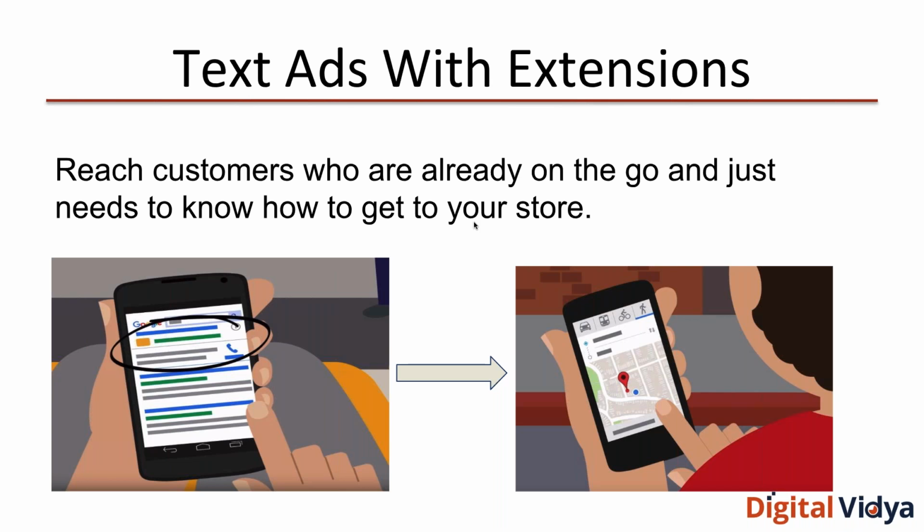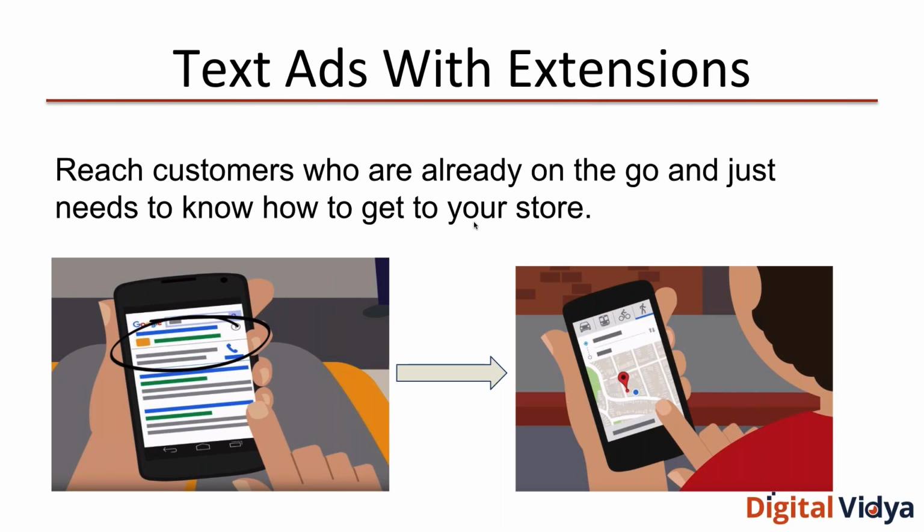Going a little bit more in depth, when you are looking at text ads with extensions, one thing that you can also do is, if you have your mobile phone with you, try doing a Google search for some product and see if you are able to see a text ad on Google search with ad extensions. That's another way you can get a hang of this. I'm sure most of us would have seen already text ads coming up on Google search on your mobile with location extension.